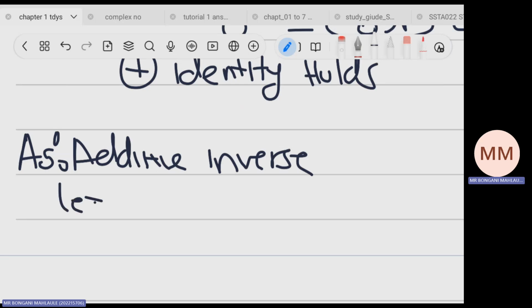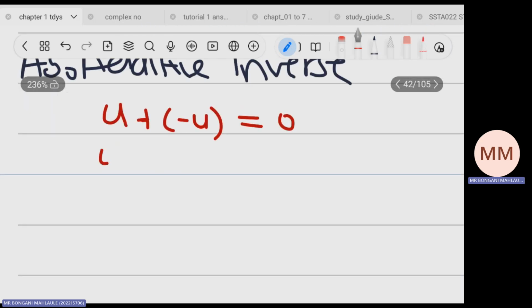So we know that with the additive inverse, generally we have this. And we know that u is equal to x and 1.